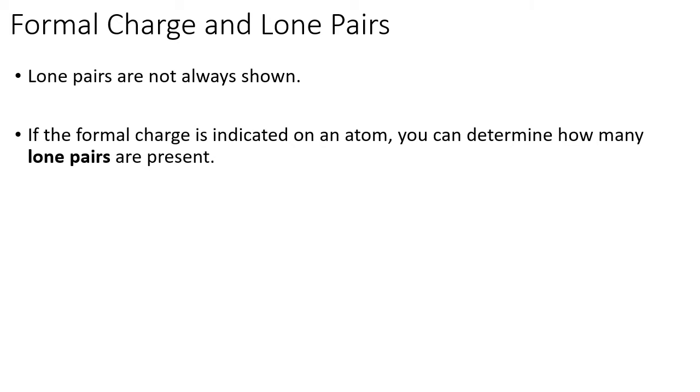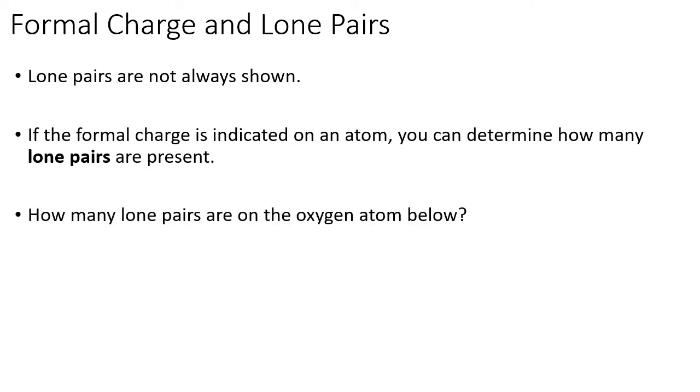When we're looking at a structure, the lone pairs are not shown, so we want to work backwards from them to figure out what the formal charge on a specific atom is. So below, how many lone pairs are on the oxygen atom that are not being shown? We know that oxygen has a -1 formal charge, and that is what's indicated. So when you see a molecule like this, you want to get in the habit of training your brain to instantly think about how many lone pairs must be there. So when we look at this, we know that oxygen normally has 6 electrons around it.